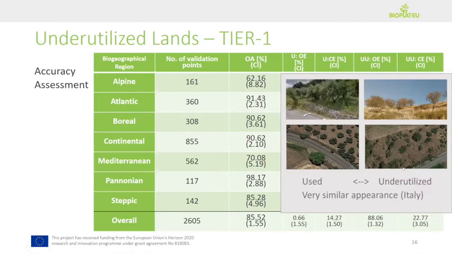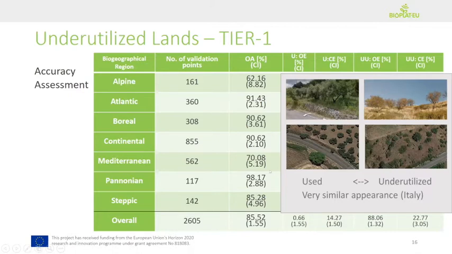And on the right, there are some abandoned areas, which are also partly covered with trees. And you can imagine that you have very, very similar signatures also in the time series. So of course, when we look in some specific areas, there might be some confusion, which is also reflected here in the results.